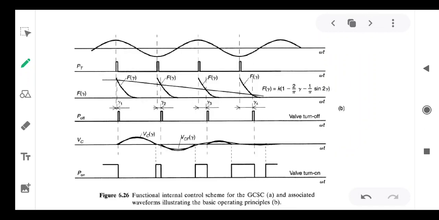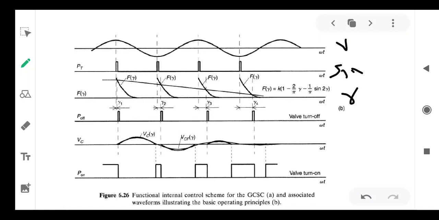This is the reference voltage synchronizing waveform. This PT is the synchronizing signal. This is a signal, function of gamma equal to k into 1 minus 2 gamma by pi minus sine 2 gamma by pi. From this expression you will obtain the gamma value.